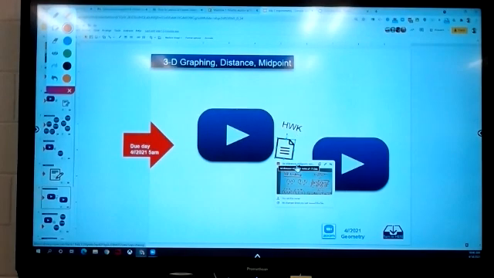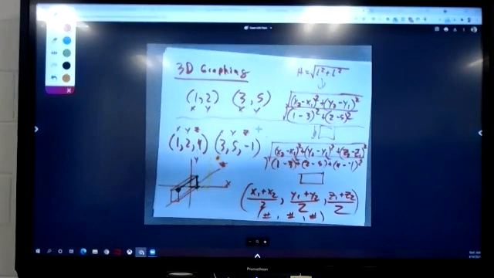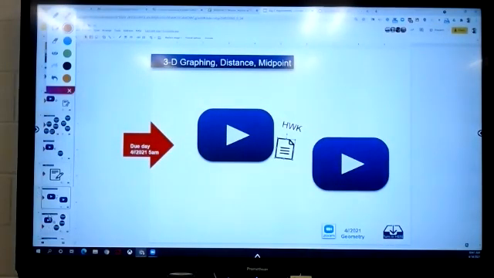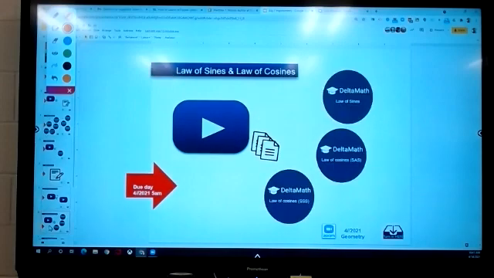Homework is in here. It's like 2 problems, maybe 3 problems. And then, law of sines and law of cosines. Today's a B day, correct? So if today is a B day, tomorrow's an A day. The next day's a B day.